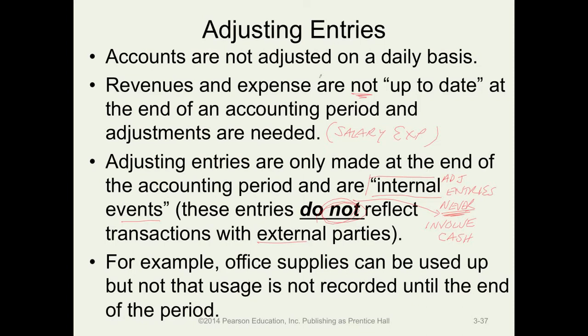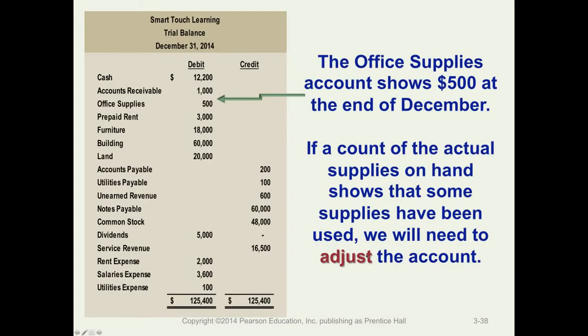So let's go back and let's continue to think about that office supplies illustration. Okay, so again, we don't record the usage of office supplies on a daily basis, but we do wait until the end of the period. So back to our trial balance, let's now remember that this is unadjusted.